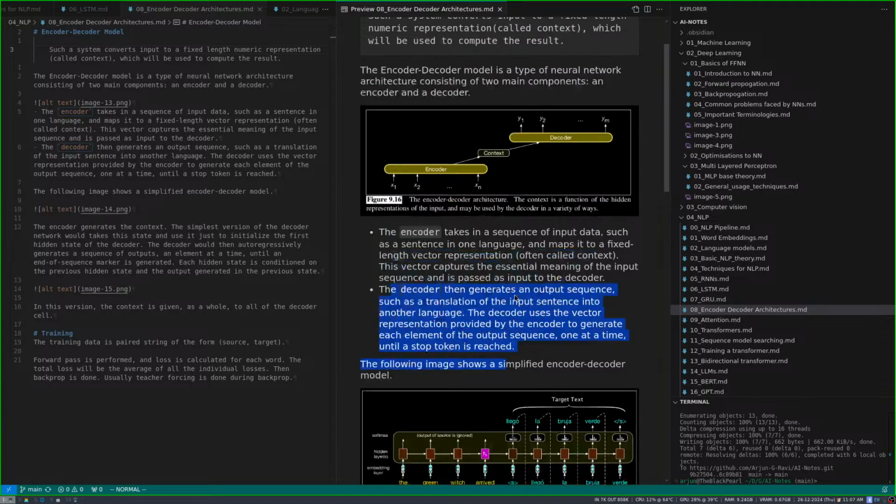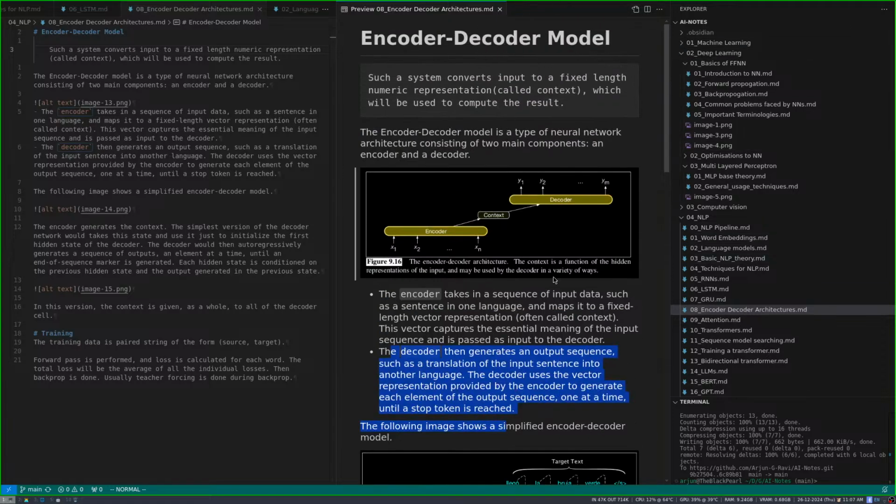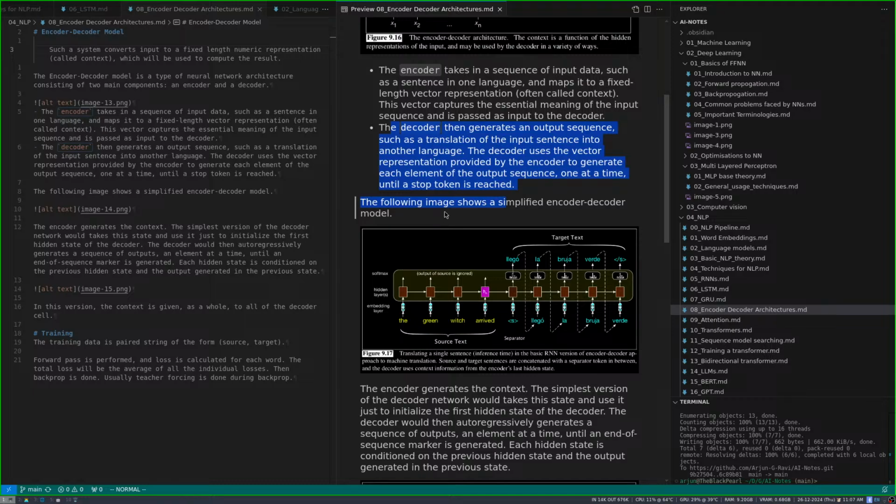Okay, so we know the transformer encoder-decoder model, right? The following is the simplified encoder-decoder model.